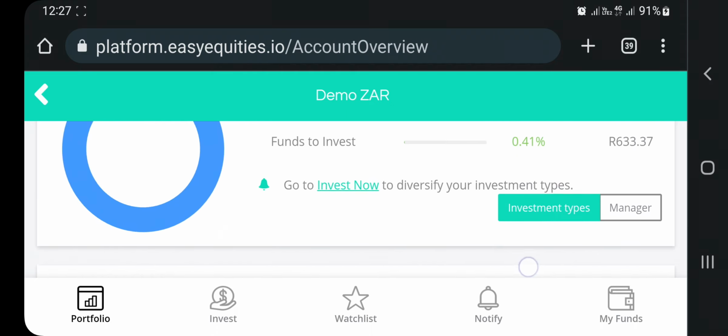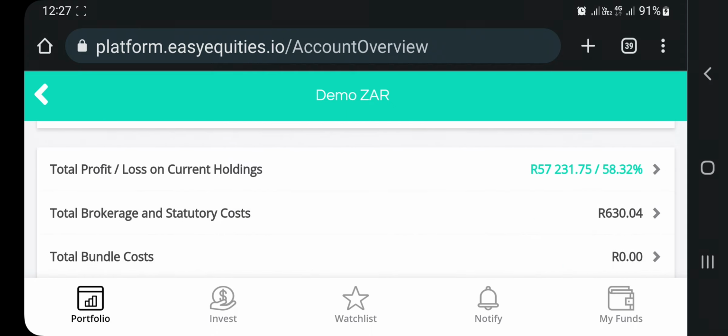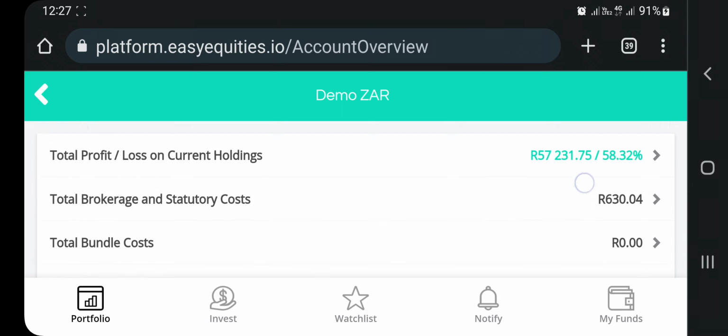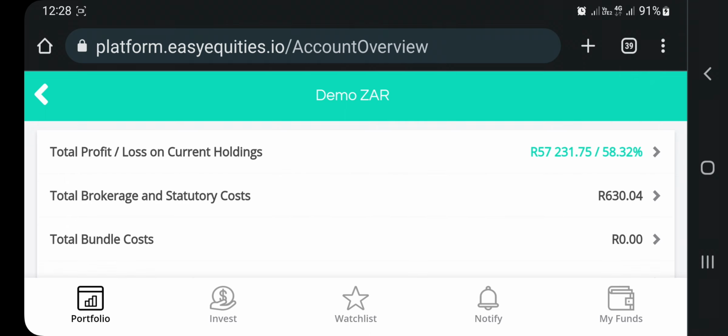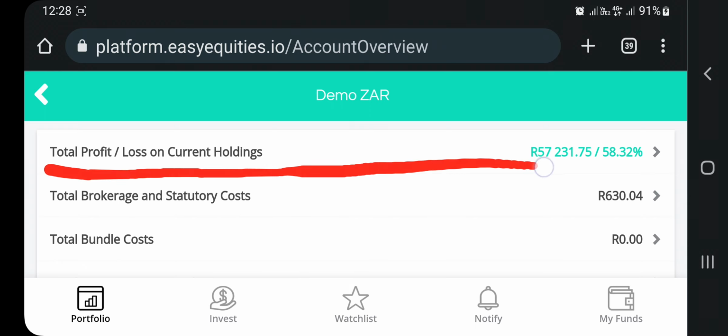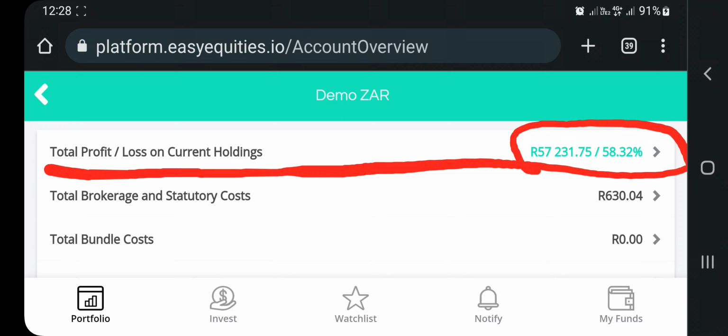So when you go down here, you're going to see, I think, the details of your portfolio. The more details of your portfolio: total profit or loss on your current holdings. This is the profit on my current holdings in my demo. Then there is the total brokerage and statutory cost. This money, what do you call this?